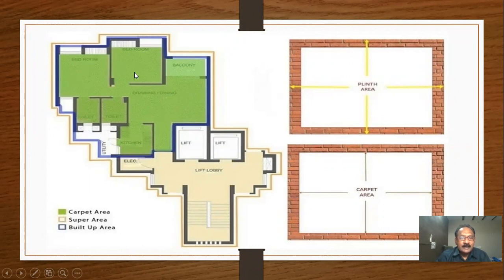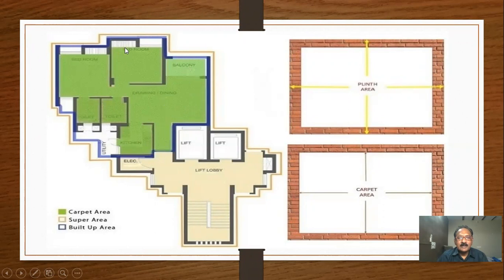This green color indicates carpet area, that is inside of the building. The common area, super area will not come under your carpet area. This cost is different from this cost. This will be shared by others, but this is only your area, if you want to buy a flat or construct your own building without common areas.